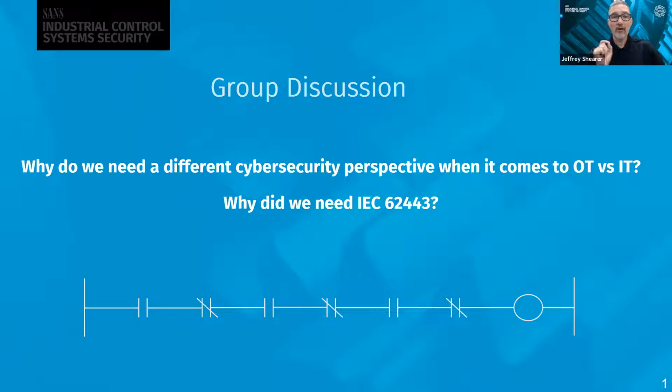I would go so far as to say that if the IT specs covered the bases, there wouldn't have been a 62443. But the general nature of OT devices, the physical nature and the quirkiness of them, means they need to be protected in a different way.